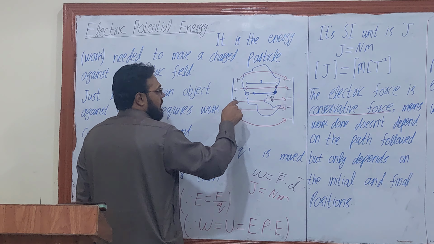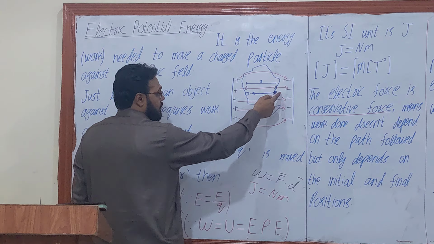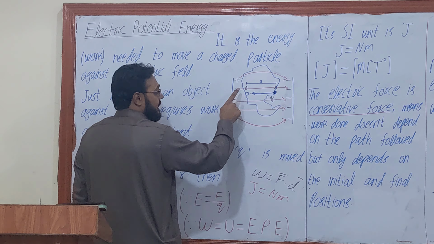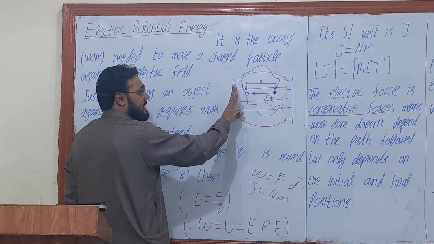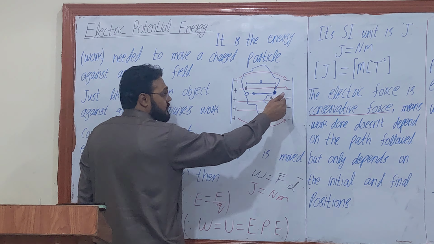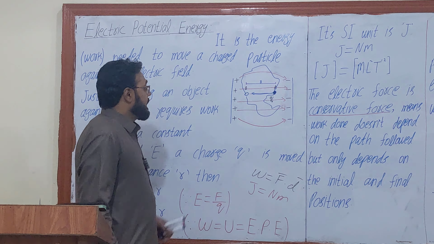It doesn't matter whether the charge is moved along this path, or straight from point A to point B. The energy is because of these positive charges and because of these negative charges. So it doesn't depend on the path, it only depends on the initial and final position.